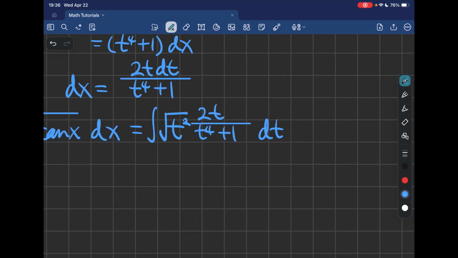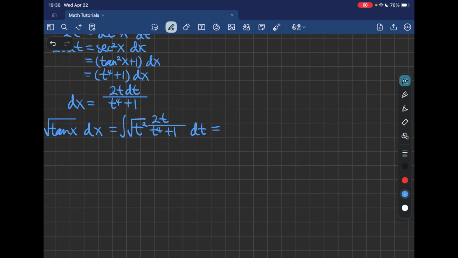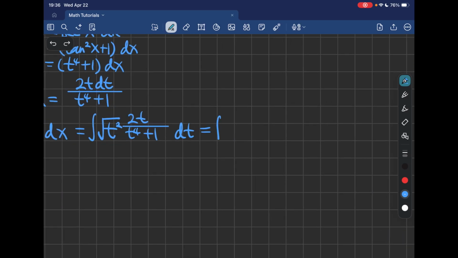So we can simplify that a little. This thing just equals t itself, right? The power and the square root reverse each other. So we have 2t squared over t to the 4 plus 1, dt.